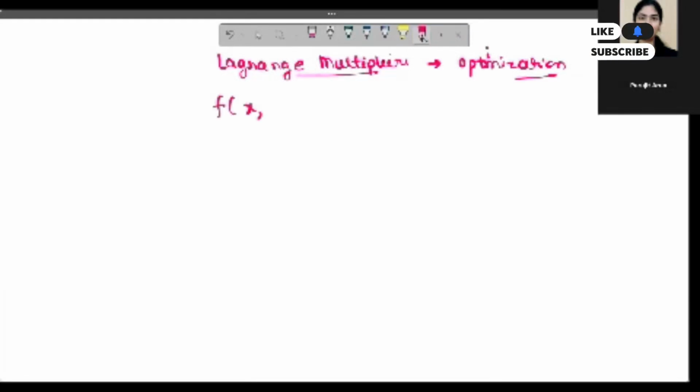We have three parameters here: X, Y, which is of course the coordinate, and then lambda. Lambda is the Lagrange multiplier. So what we have here, we write the function plus this lambda multiplied with some constant minus the new function.